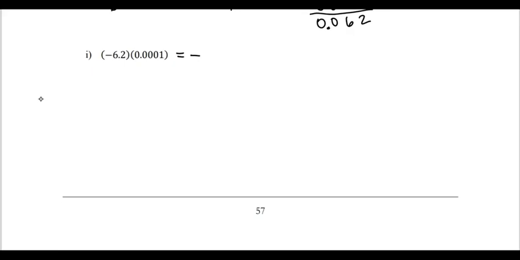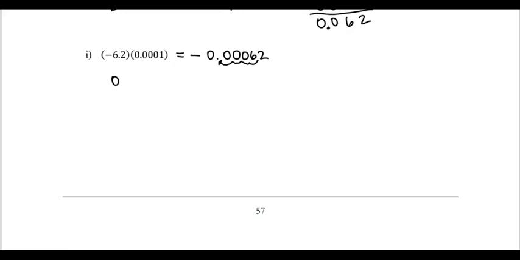What changes is your decimal point placement. It needs to go 4 places to the left. So I'm going to have 0.00062. Remember the original decimal point was right here, and I went 1, 2, 3, 4, and this is the new decimal point.